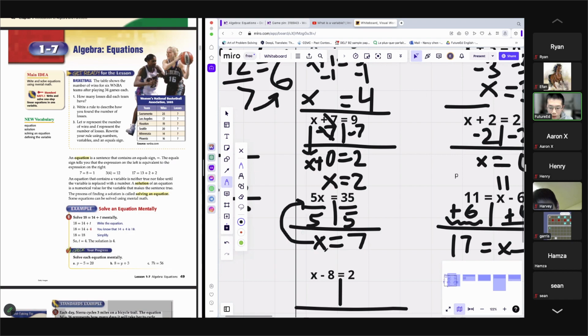By 5. So we can take x equals 7, we throw it back into 5x, right? So 5x is the same as 5 times x, and we now know that x is equal to 7, right? Yes. So 5 times 7 is 35. So I'm pretty sure this answer is correct.